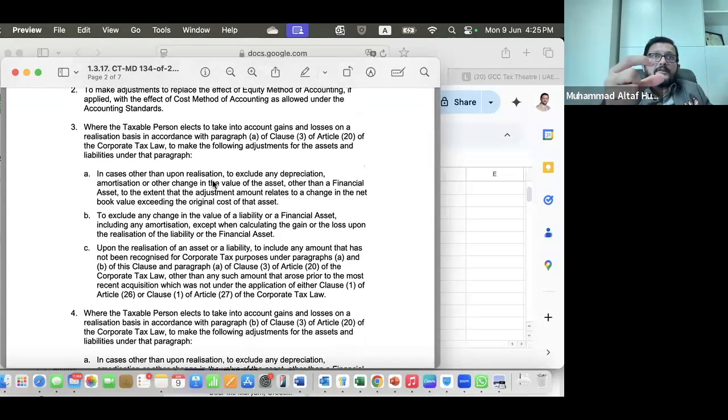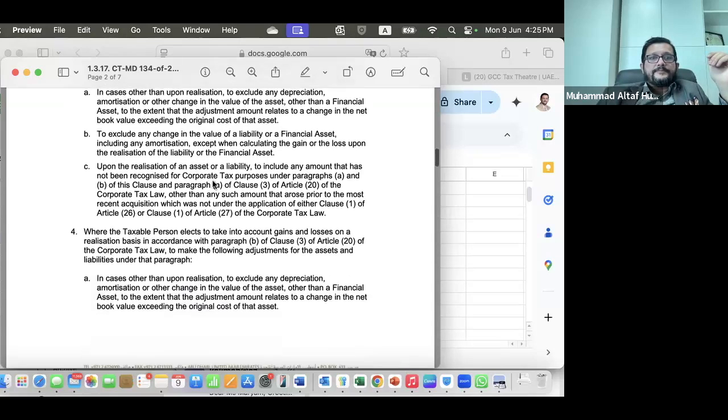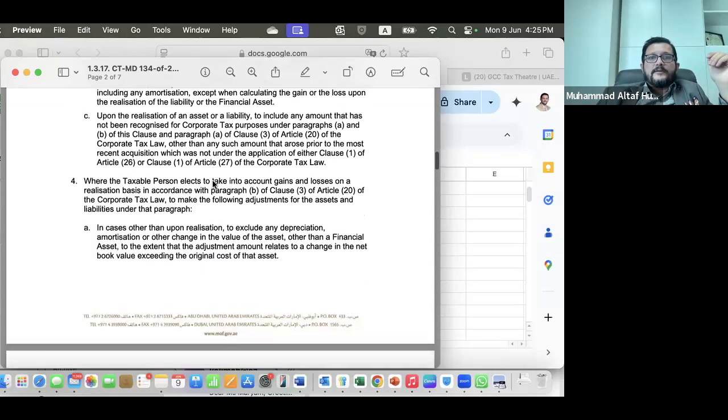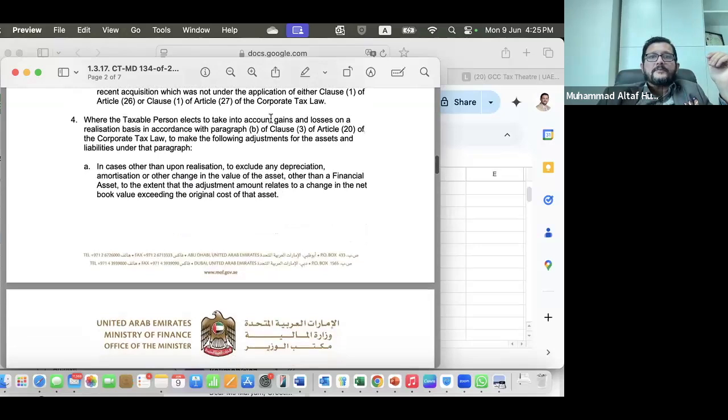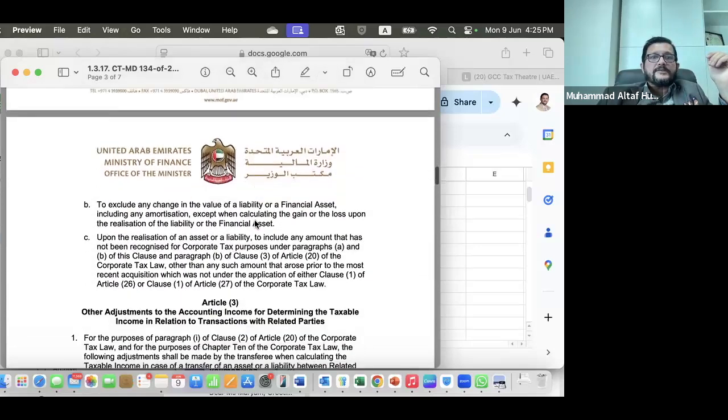If there is an income which will never be reclassified, it is taxed during the tax period. These are all different treatments than IFRS. The majority of it is about unrealized gains and losses.